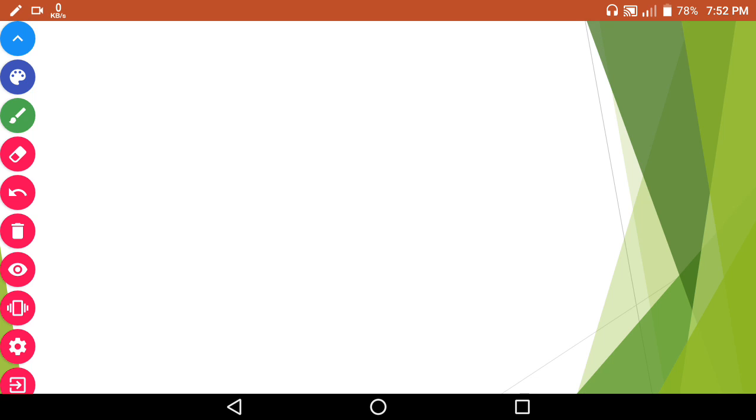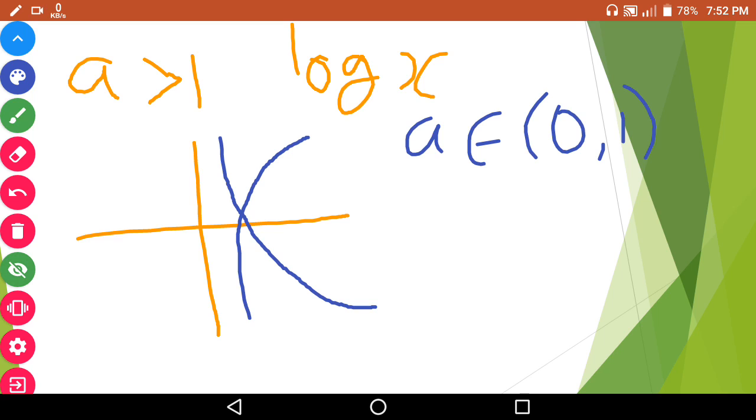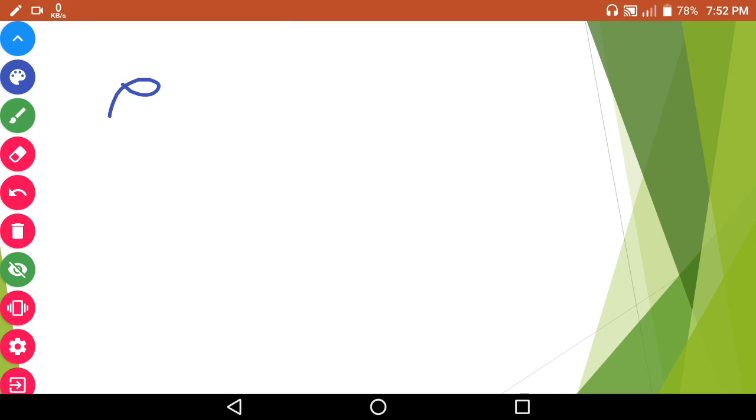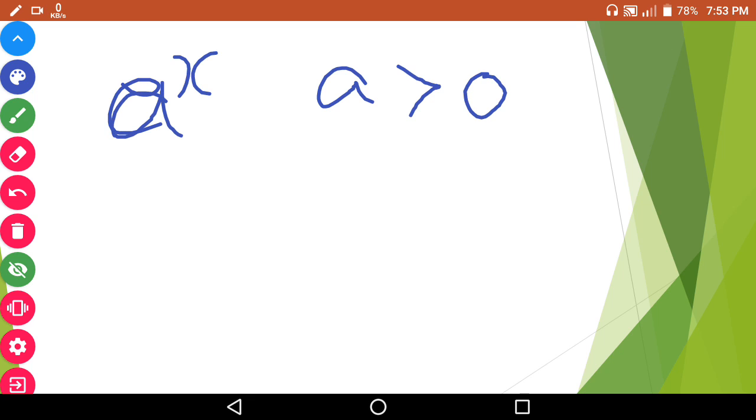Now let's see for a raised to x. If a is greater than 1, its graph will be increasing.